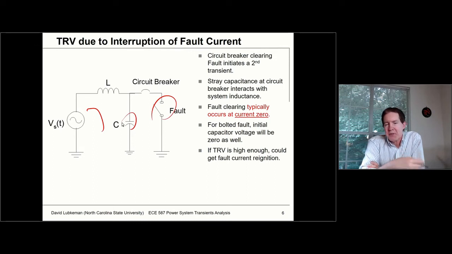So we clear on a zero crossing: the initial value of current through that inductor will be zero, and the initial value of voltage across that capacitor will be equal to zero. Again, what we're worried about is how high this TRV value is going to get. Is there the possibility that the breaker insulation could fail and we'll get a fault current reignition?